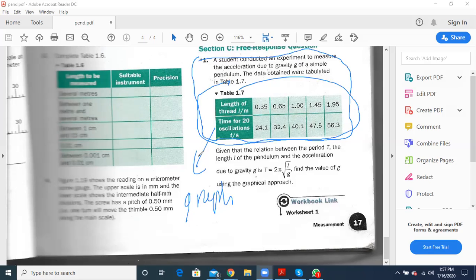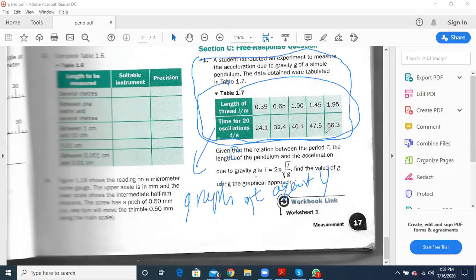So when you are solving this problem, what you need to do? First of all, you will plot a graph of T against L. That would be your part A graph. Then you will make another column in which you will write the values of T square. And how will you get the values of T square? You will simply square these values, right?